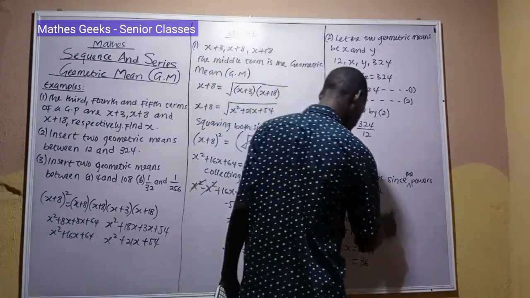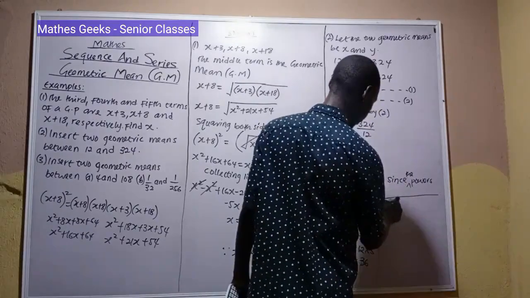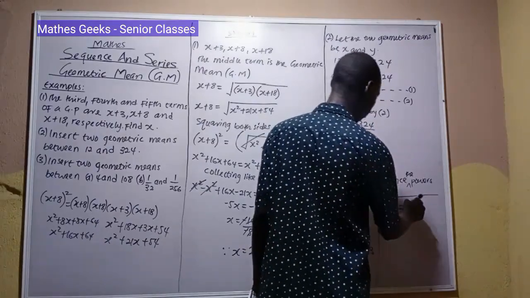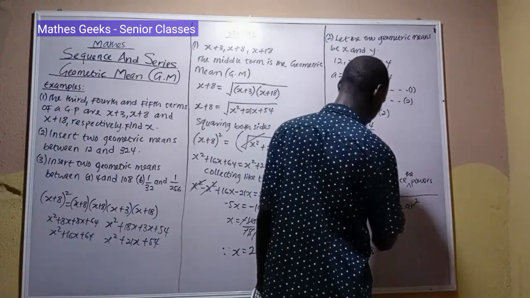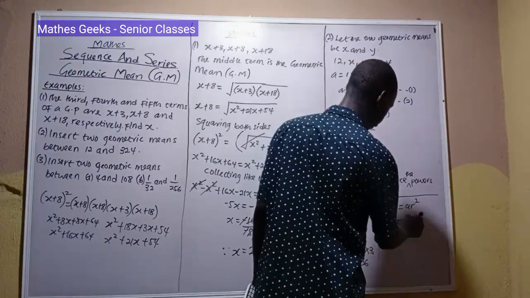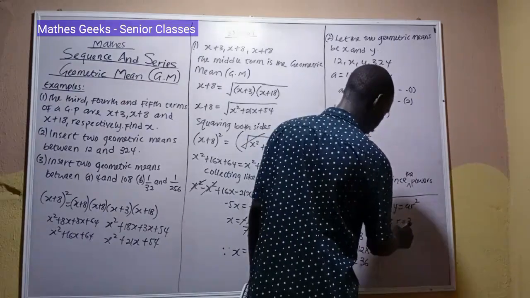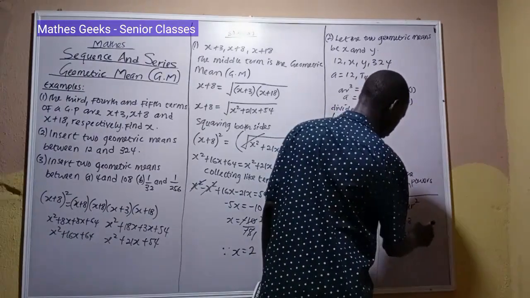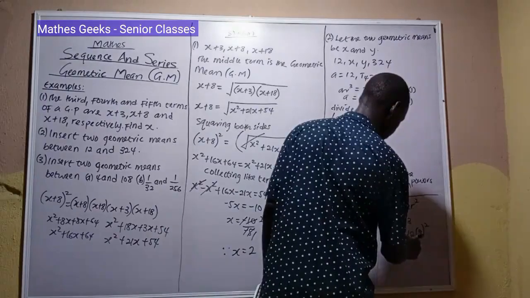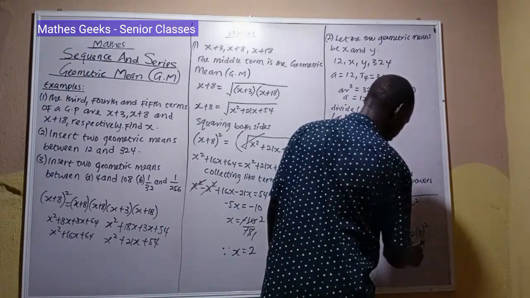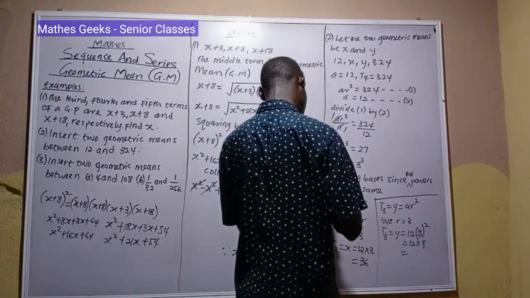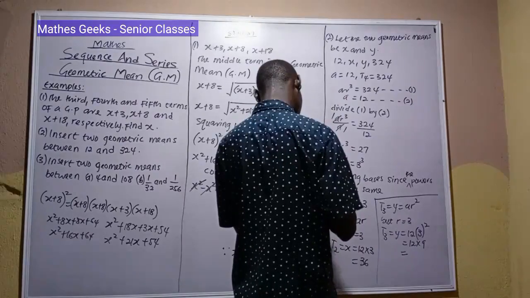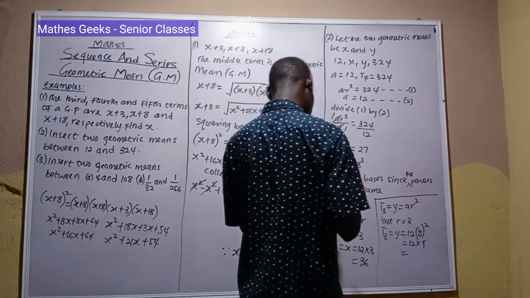T3 is equal to y, which is ar raised to the power 2, but r is equal to 3. So T3 is equal to y is equal to 12 times 3 raised to the power 2, 12 times 9, that's 108.